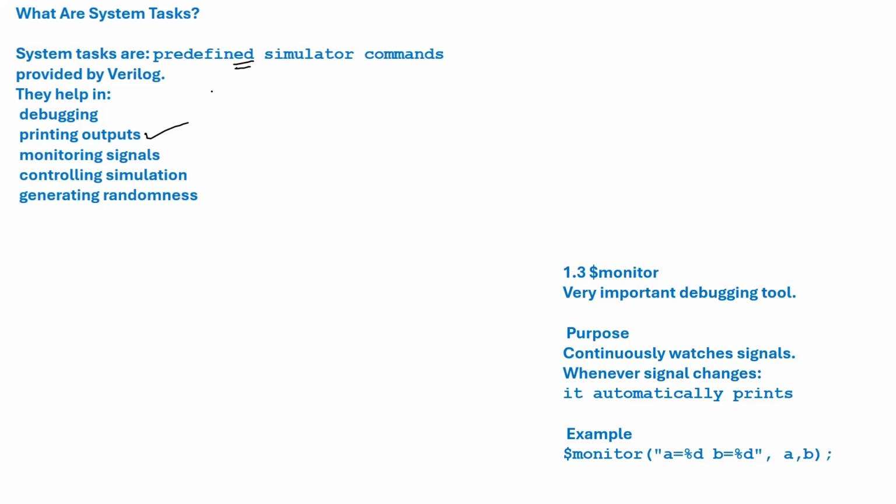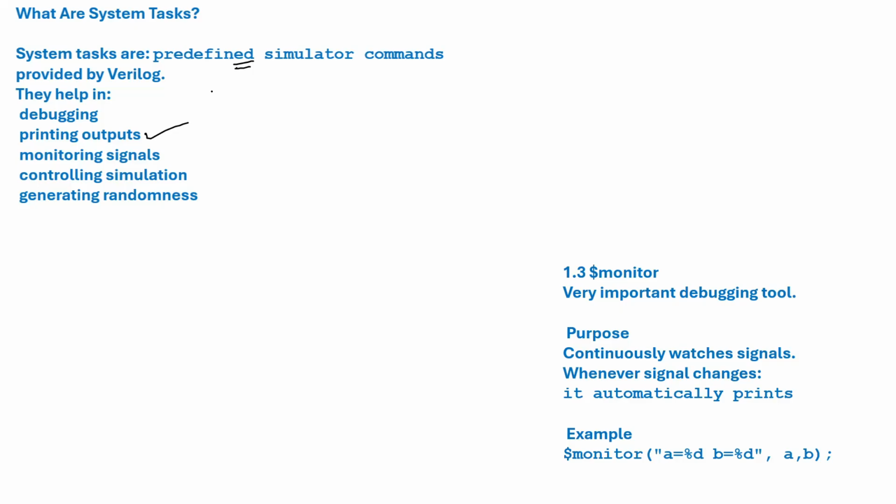We are printing the messages, and then monitoring the signals, whatever signals we have. Those signals we are continuously monitoring, and controlling the simulation, like who is executing first and who is executing next.